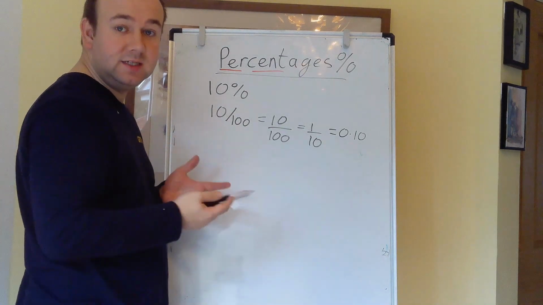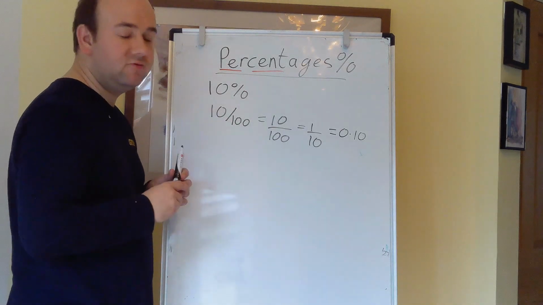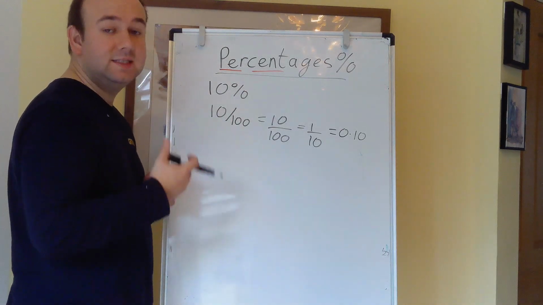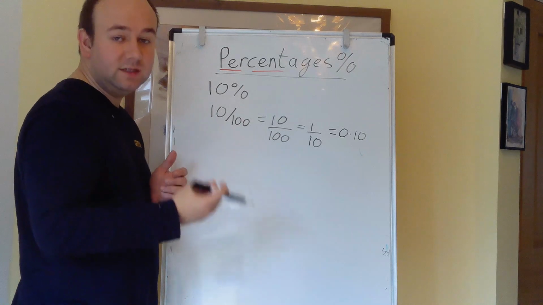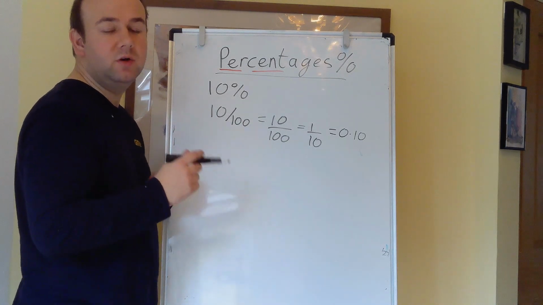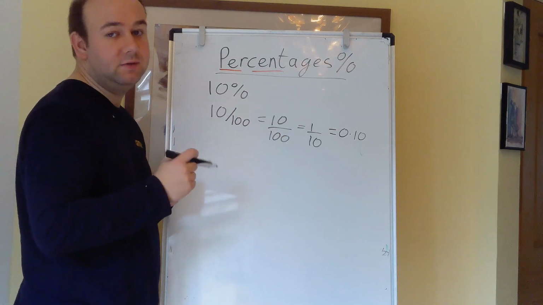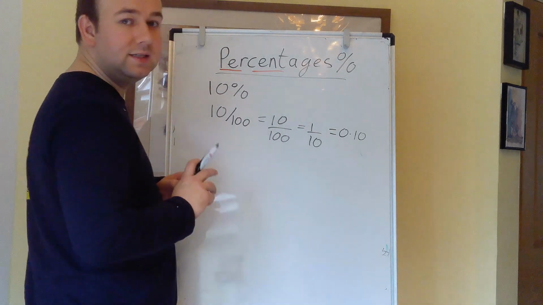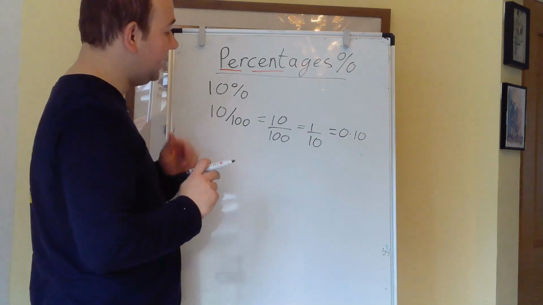So if you have 17.5%, which was the old VAT rate in the UK, that means 17.5 divided by 100, which in decimal is 0.175. So this is what percentage means.